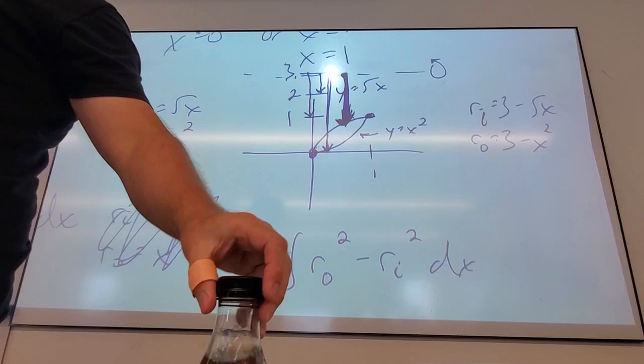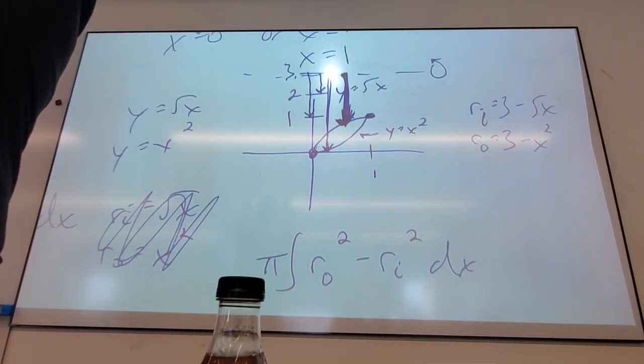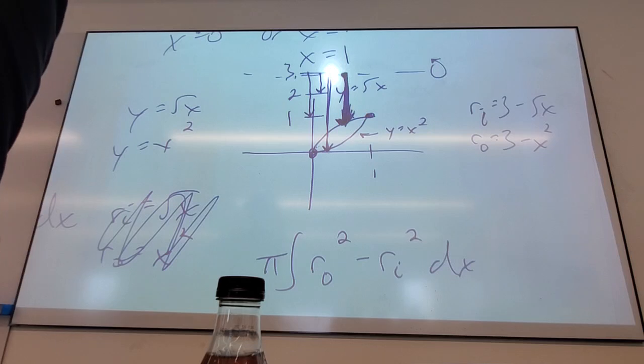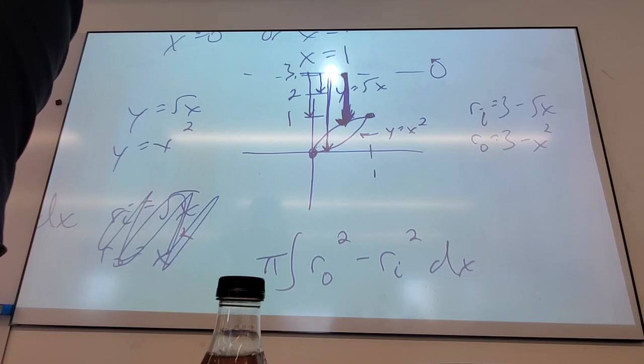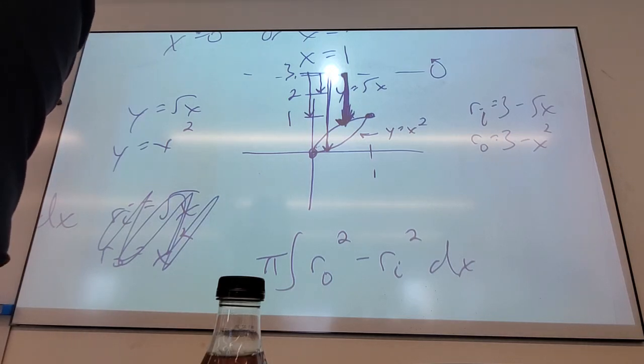So this is why, if you draw everything in, to figure out how long something is, it's the bigger part minus the smaller part. So this 3 is bigger. This wall is smaller, so it's 3 minus this wall, 3 minus rad x. Same thing for the outer radius, it'll be 3 minus x squared.